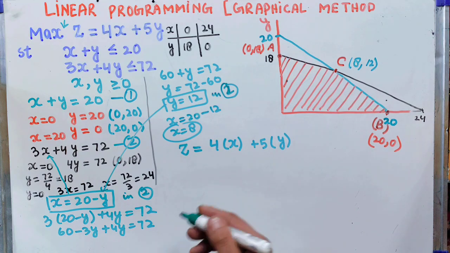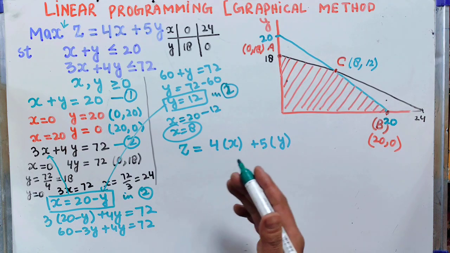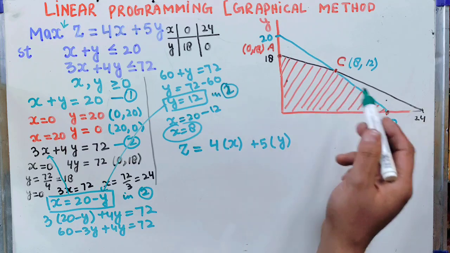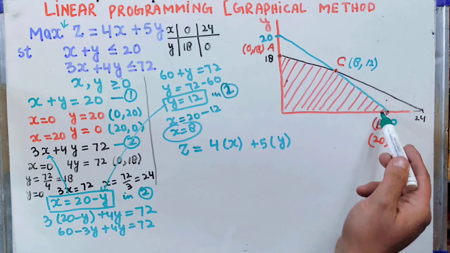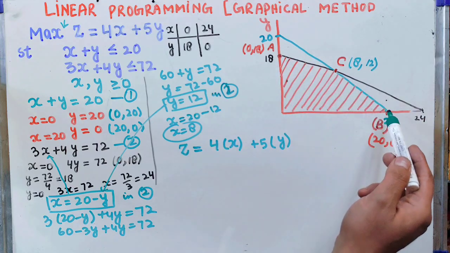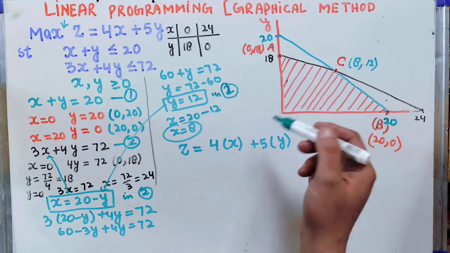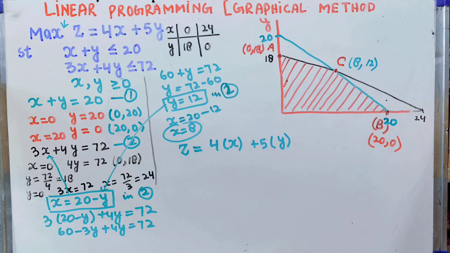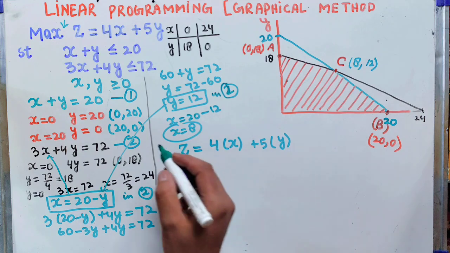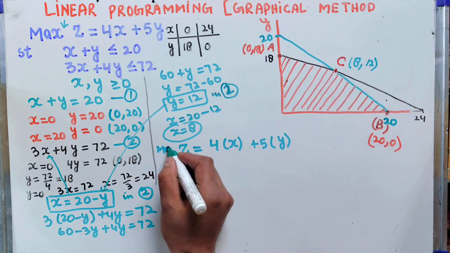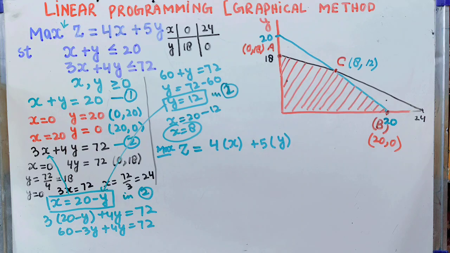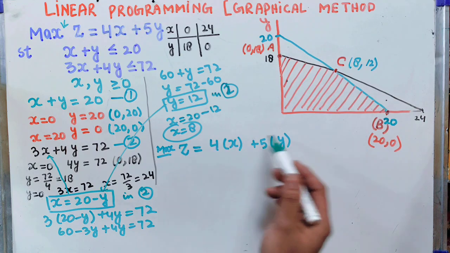By optimal solution we mean a point within the feasible region, at any of these corners, that yields the best result for the problem's objective. What is our best result? We should get the maximum value. If we had a minimum problem, then our best result would have been the minimum value.